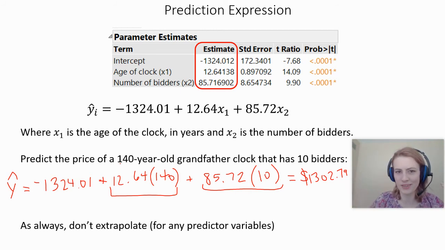But we couldn't predict the price of a 300-year-old clock. It would just be beyond the reach of our data. Likewise, pay attention to how many bidders were in the data set. All the prices reported were for auctions where there were between 5 and 15 bidders. So we can make predictions between 5 and 15, like we did with 10, but we couldn't predict the price if there were, say, 20 bidders.